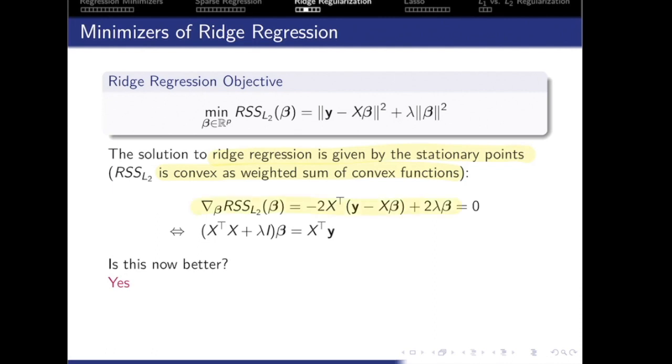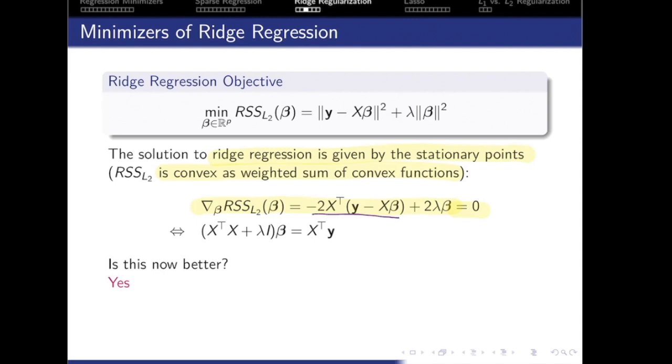The computation of the gradient uses only the linearity of the gradient, and we have already derived in the optimization lecture the gradient of the residual sum of squares and of the squared L2 norm. So then we get this gradient here and we set it to 0, and then we try to solve for beta.